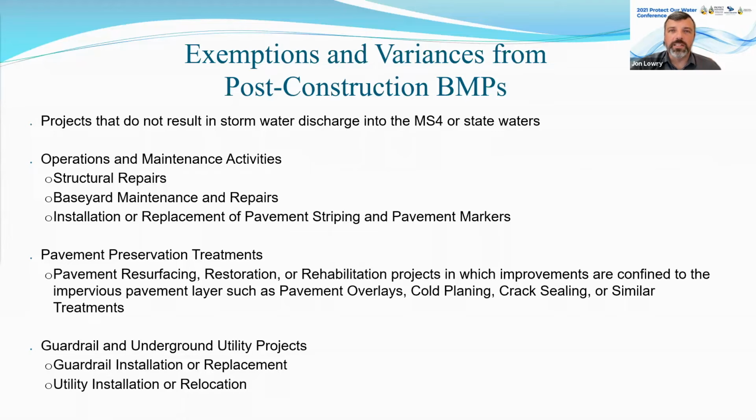You can't necessarily say these activities would always be exempt, but in general, these types of activities are: operations and maintenance activities, like structural repairs, so repairs on a building or structure rather than something that disturbs the soil, base yard maintenance and repairs, installation or replacement of pavement striping and pavement markers, and pavement preservation treatments like grind and overlay resurfacing, restoration, rehabilitation projects that are confined to the impervious layers.